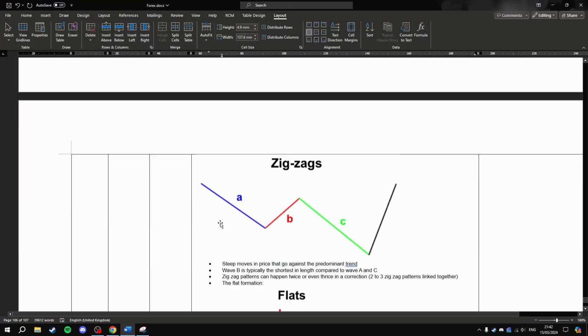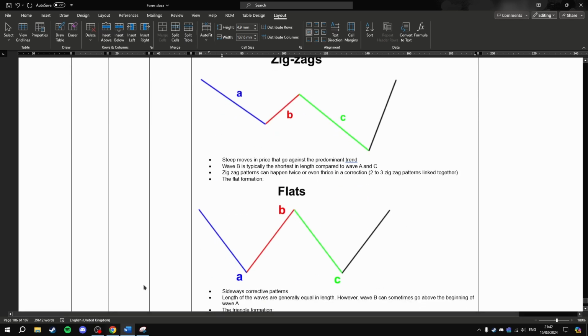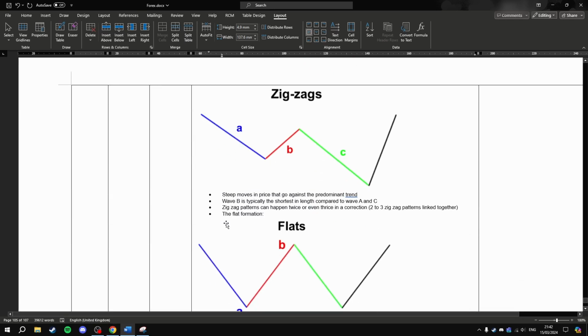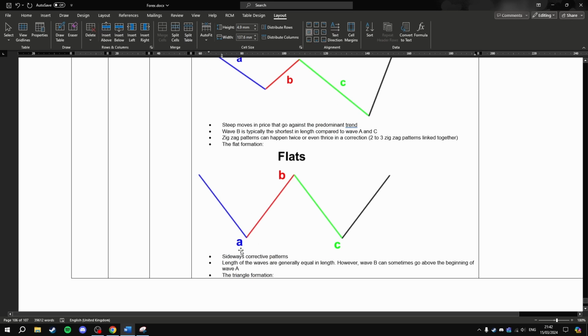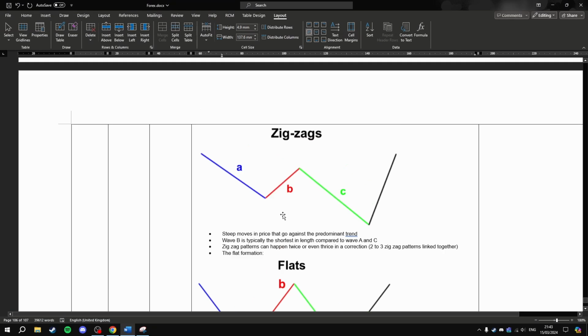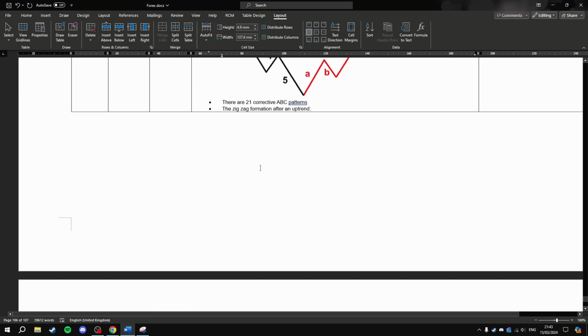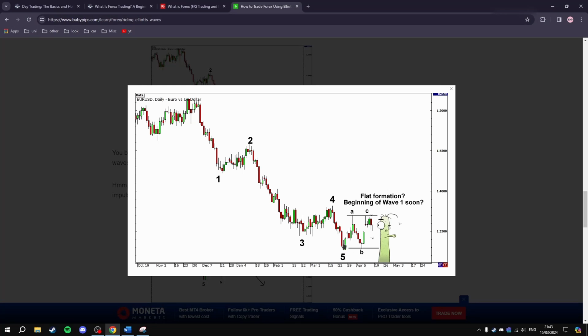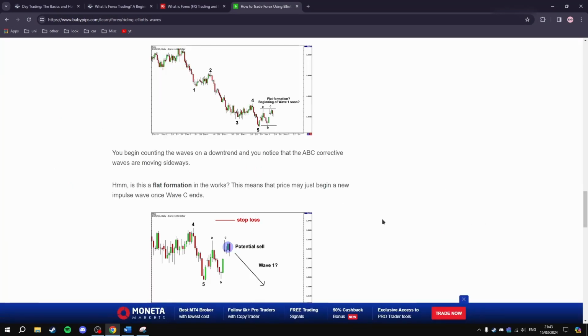A, B, C. But A's upward here and A's downward here. So A, B, C. Oh, so it's like an M now then. Oh, because this only applies for an upwards trend. Oh, yes, that's right. So all these are uptrend. So if it's a downtrend, it's going to be an M. So it's 1, 2, 3. Oh, no. A, B, C. Oh, right, I see.